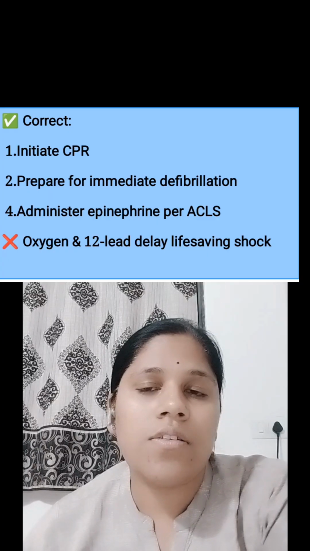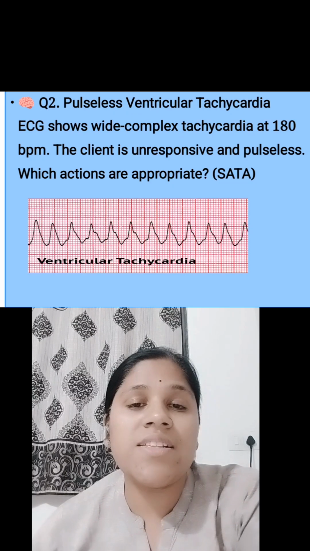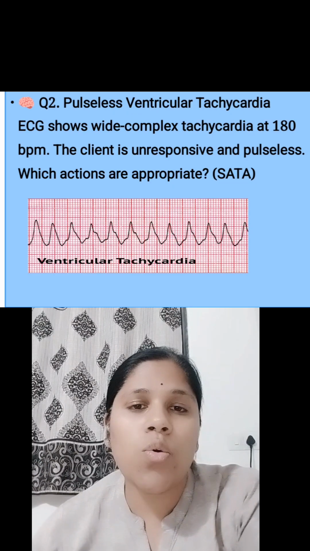So we move to question number 2, pulseless ventricular tachycardia. Here the scenario is the ECG shows wide complex tachycardia at 180 beats per minute. The client is unresponsive and pulseless. Which actions are appropriate?